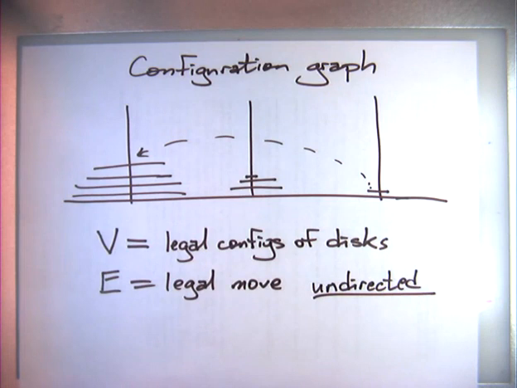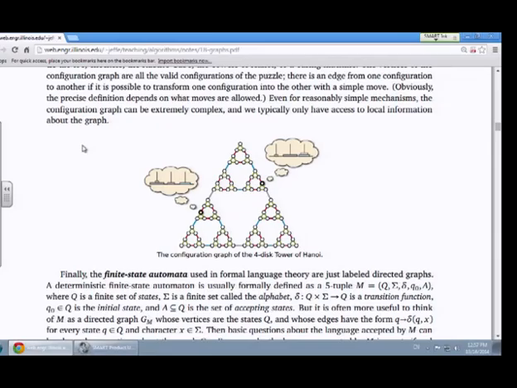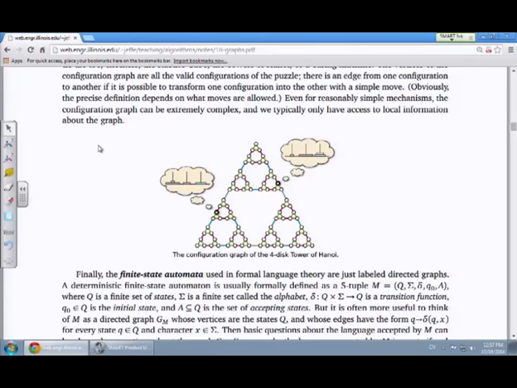You can think of it as a directed graph with directed edges pointing both ways, but you might as well just think of it as an undirected graph instead. And then I can show you what that graph looks like for 3 disks. It looks like that.